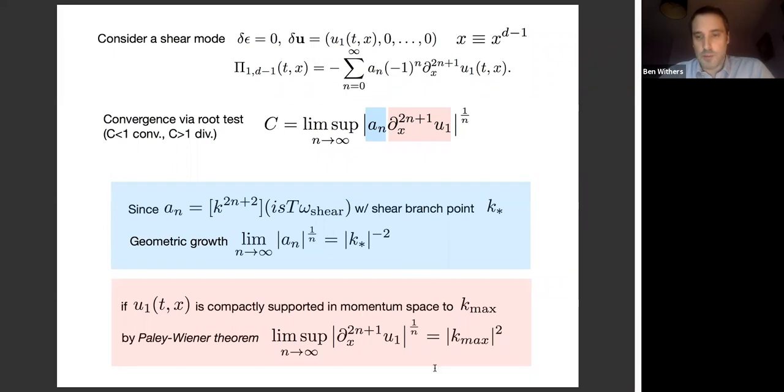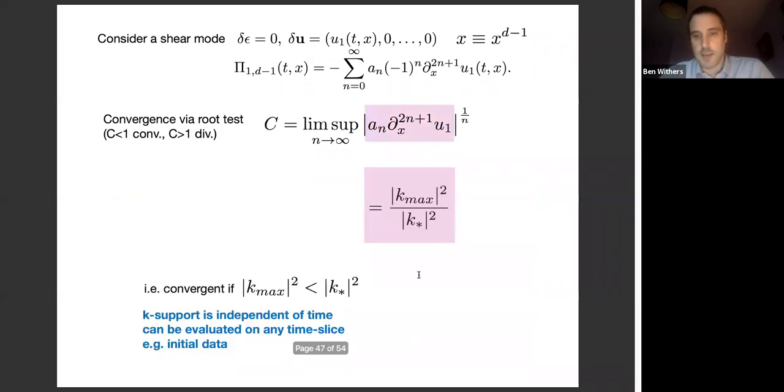So these are the two key results, and then we put them together, and of course you get k max squared over k star squared as the answer for C.